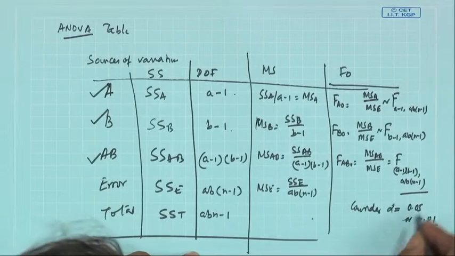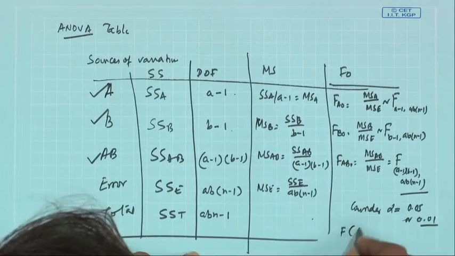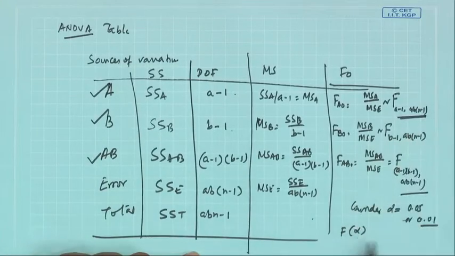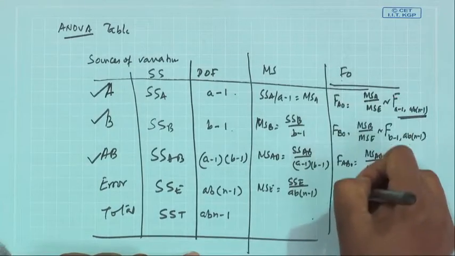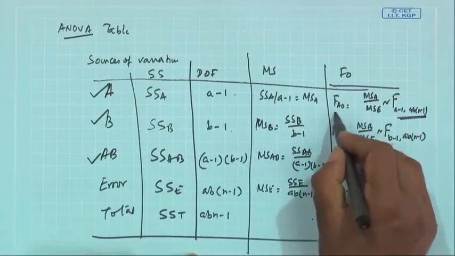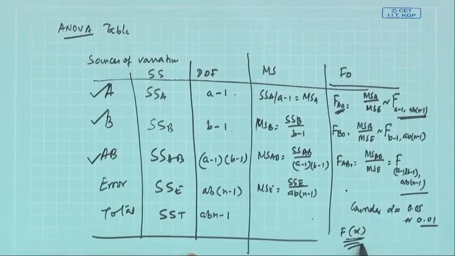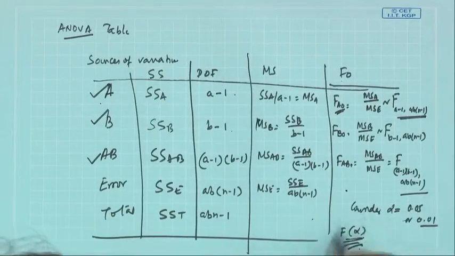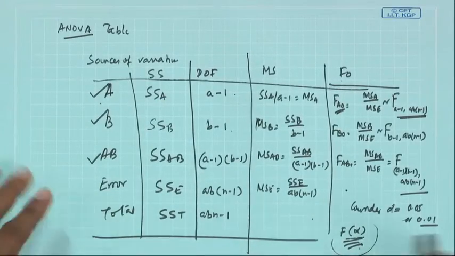Find the corresponding F alpha with the required degrees of freedom and compare with the computed F0. If the computed F0 is more than the threshold F, you reject the null hypothesis, otherwise accept it. So, this is your ANOVA table.